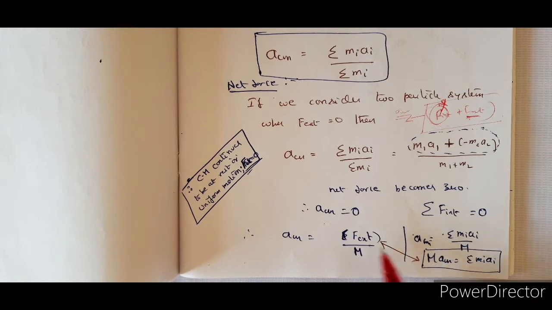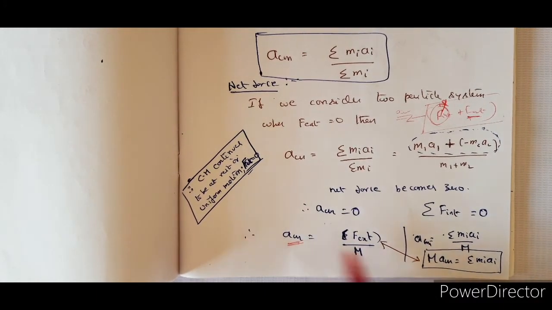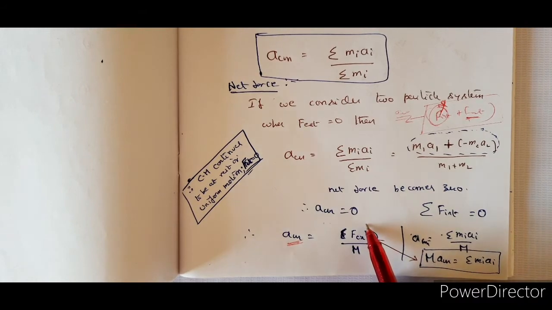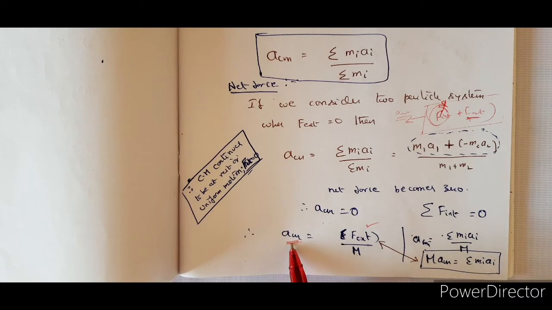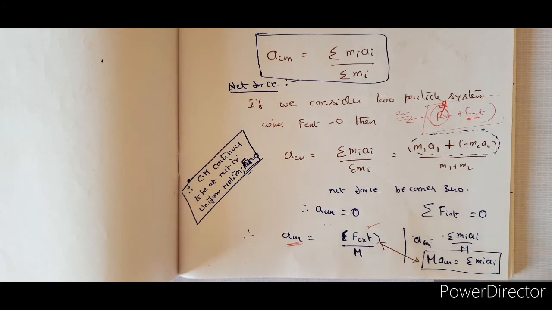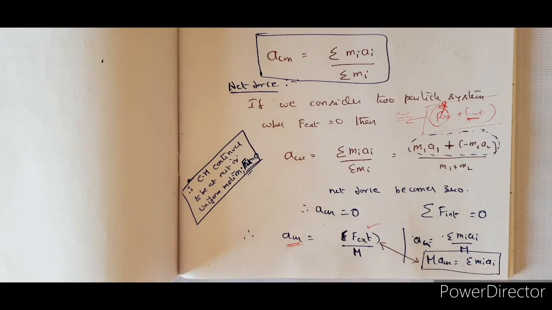Thus we can write that ACM, that means acceleration of center of mass, is not because of the internal forces but because of external force, that is F external by M is ACM, or M into ACM, that is the total mass of the system multiplied by center of mass acceleration, gives you the net force acting on each and every particle, and this is equal to F external.